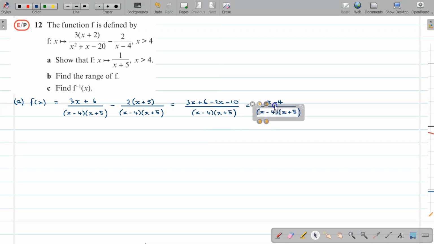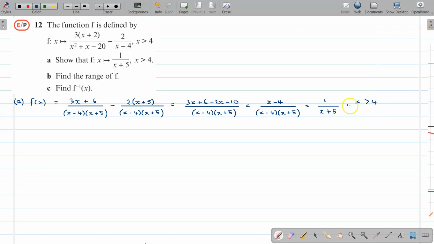And of course, the final stage would be just to take out the common factor of x minus 4 from the numerator and denominator, leaving us with 1 over x plus 5. Okay, and that's the answer we were required to give. And we just need to add that it's 1 over x plus 5 and that x is greater than 4.